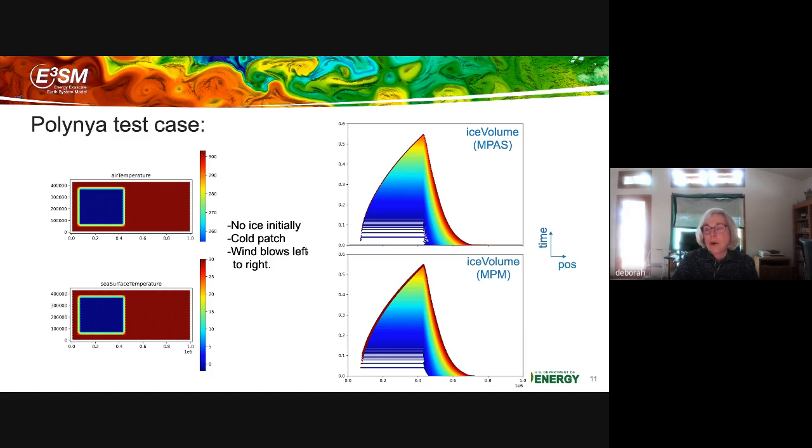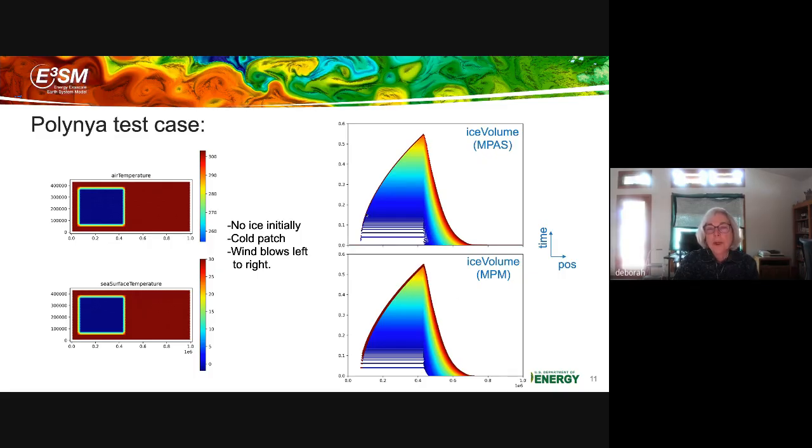And so what I'm showing on the right is I'm taking a slice through the middle of this domain and then plotting it as a function of time. So time is on the vertical axis, and each one of these is a slice in time. And so here I'm plotting ice volume with the legacy code, and here's ice volume with MPM.